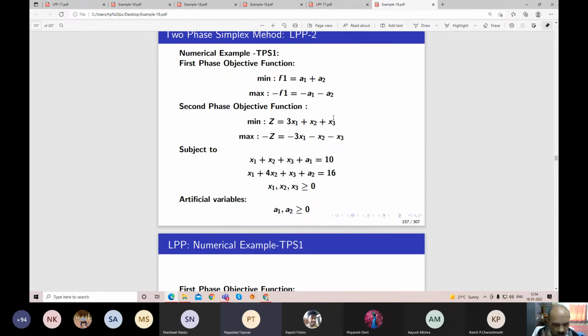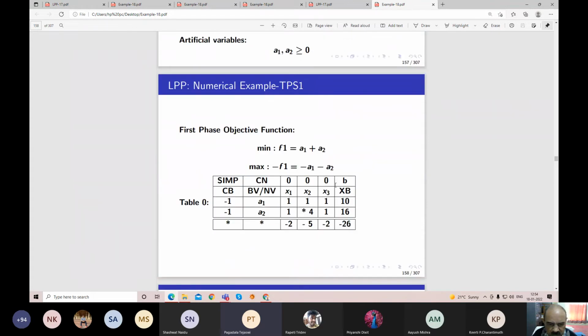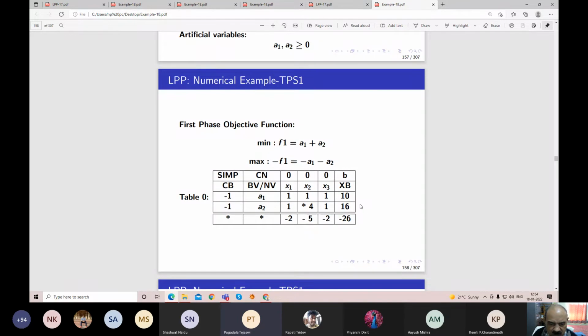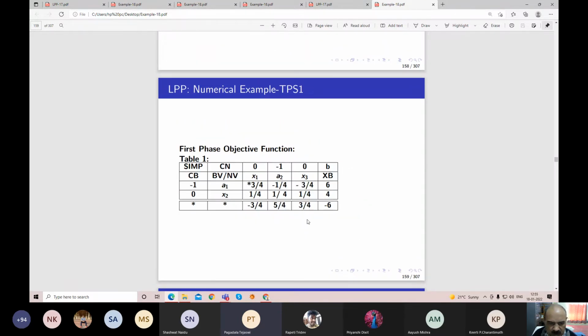Now, as you know, the first phase problem is common. Yes or no? The first phase problem is common. So this is the first phase problem. And here also the same mistake, that is minus 3 by 4.